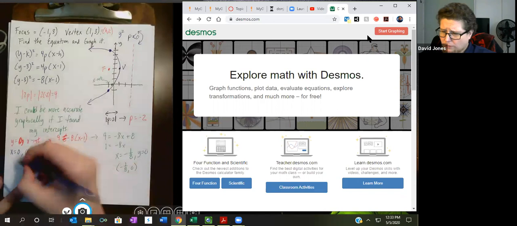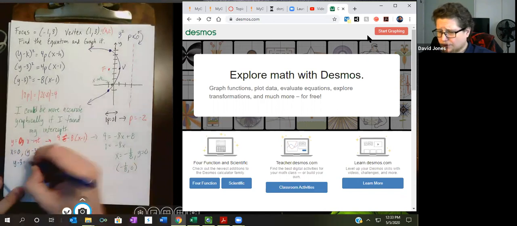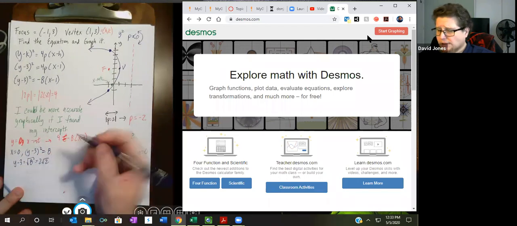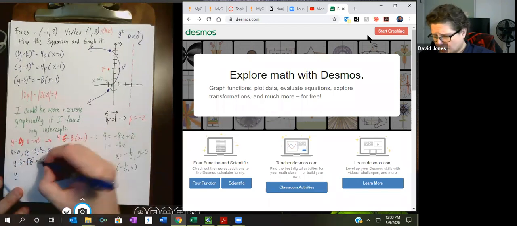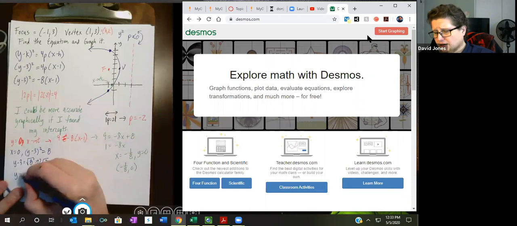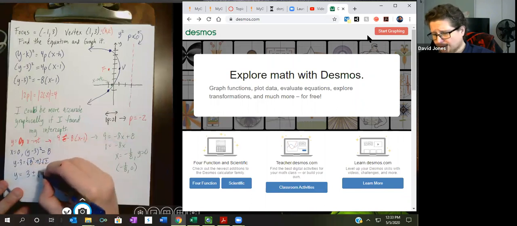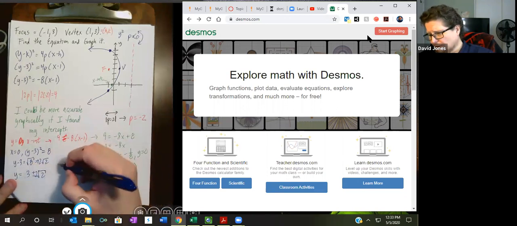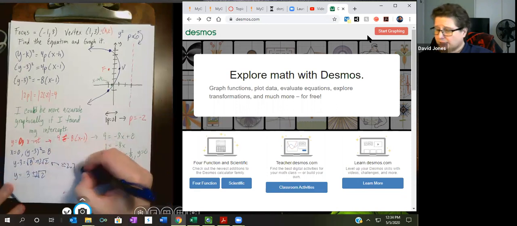So if I take the square root, y − 3 equals the square root of 8, which is 2√2, and that's plus or minus. So y equals 3 plus or minus 2√2. 2√2 is approximately 2.7.